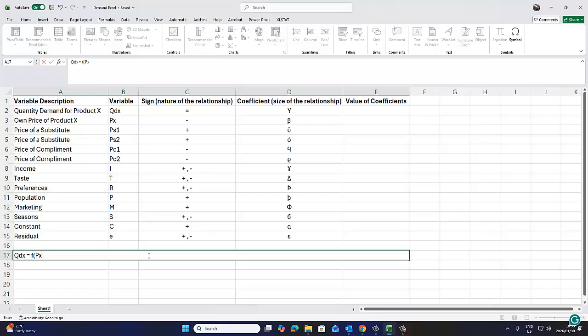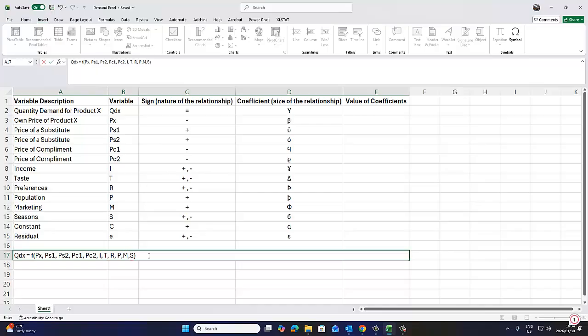price X, price substitute 1, price substitute 2, price complement 1, price complement 2, income, taste, preferences, population, marketing, seasons.